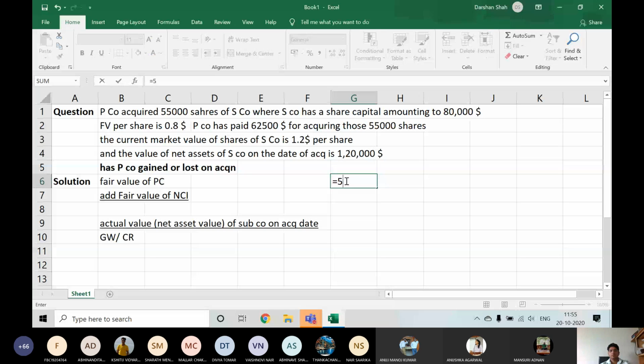So for 55,000 shares, 62,500 is actually paid. And NCI will be for how many shares? What is the remaining number of shares?